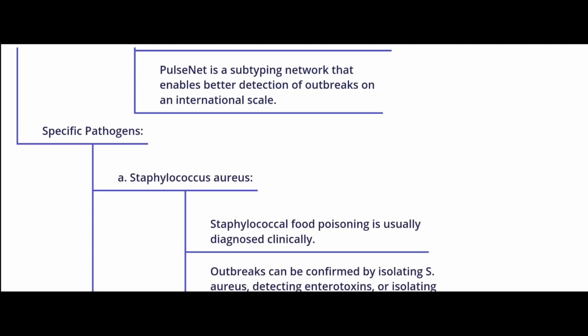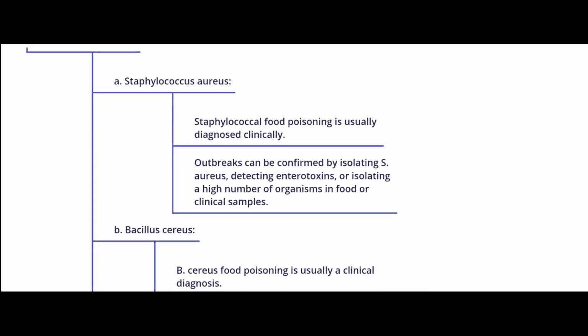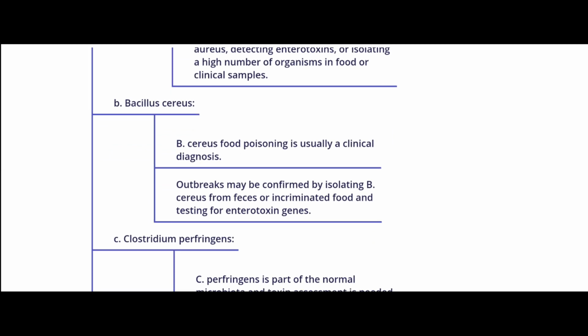If we talk about specific pathogens and their diagnosis, Staphylococcus aureus is usually clinically diagnosed. The outbreak can be confirmed, but usually only in really big outbreaks. Bacillus cereus is also clinically diagnosed and isolated in feces or food only in big outbreaks.